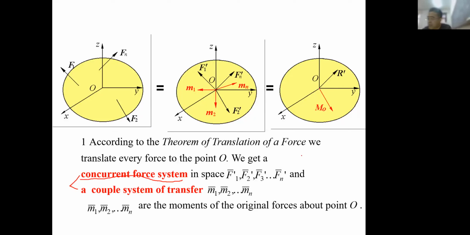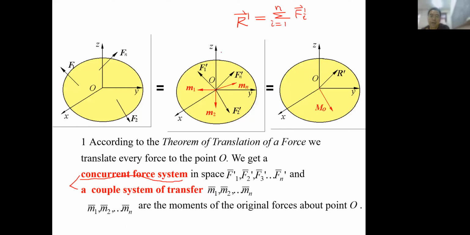So I can write it here. Actually R prime is the resultant of this concurrent force system. It should equal the sum from i equals 1 to n of Fi prime.